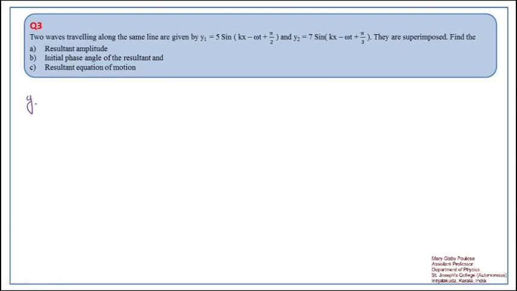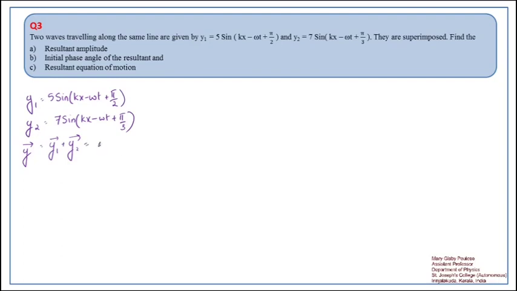We have y1 is equal to 5 sine of kx minus omega t plus pi by 2 and y2 is equal to 7 sine of kx minus omega t plus pi by 3. According to the superposition principle, we will have the resultant as the vectorial sum of the individual waves, that is y1 plus y2.